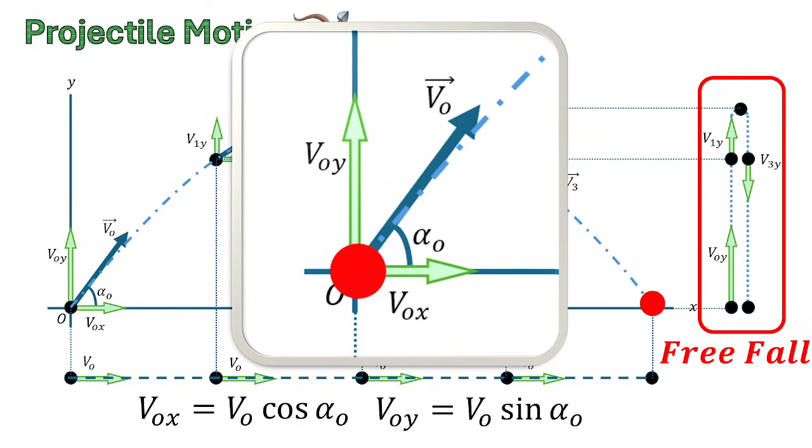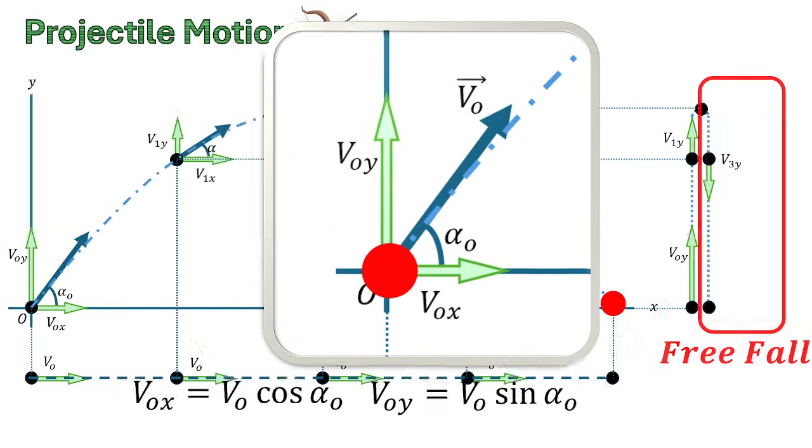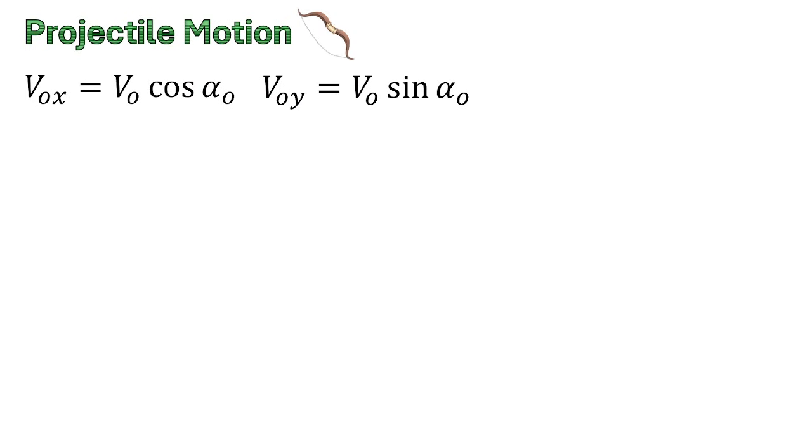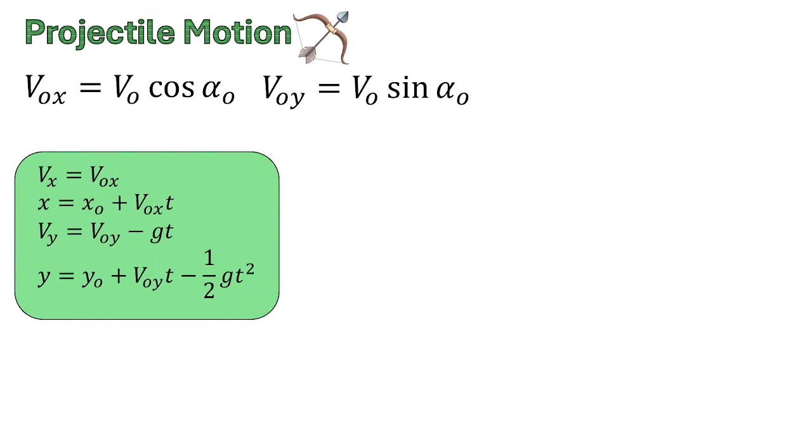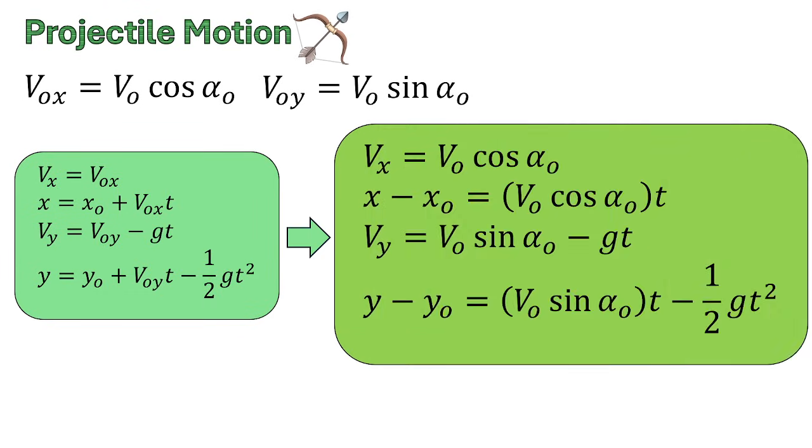We're going to use this and substitute the values onto our derived equations from earlier. This is the equation that we got from our first derivation, and these will be the final equations for our projectile motion.